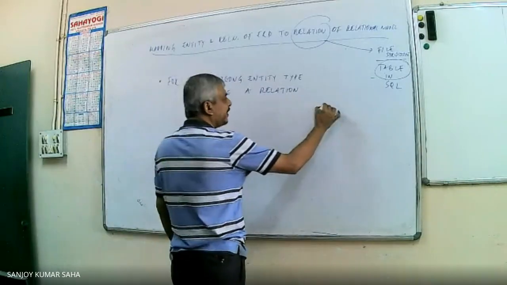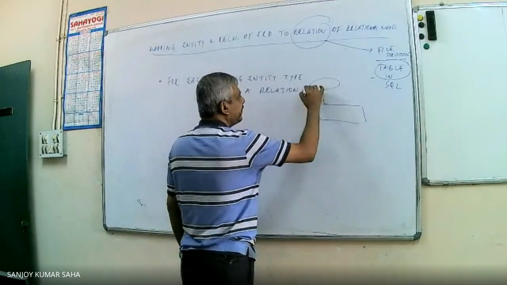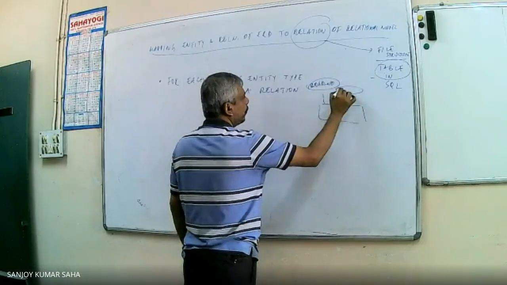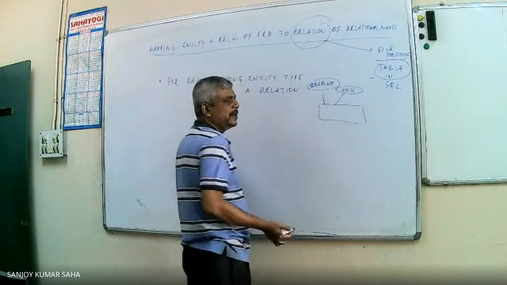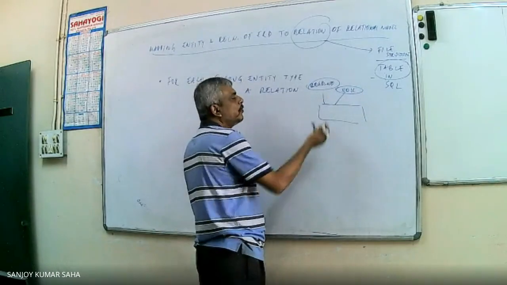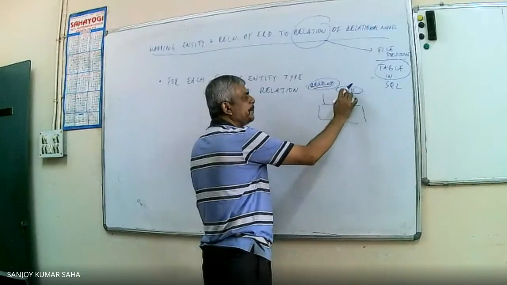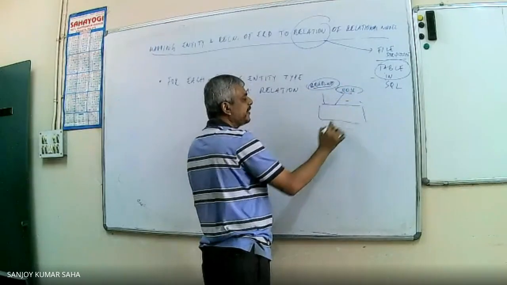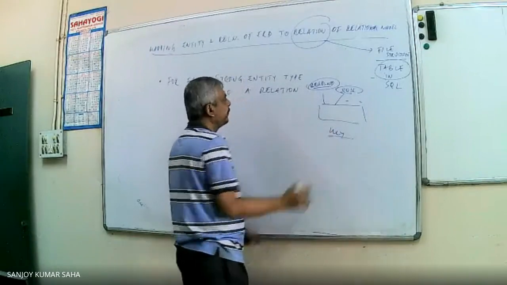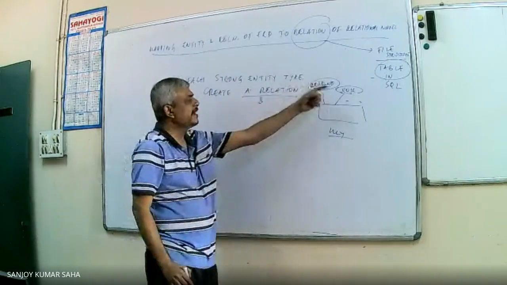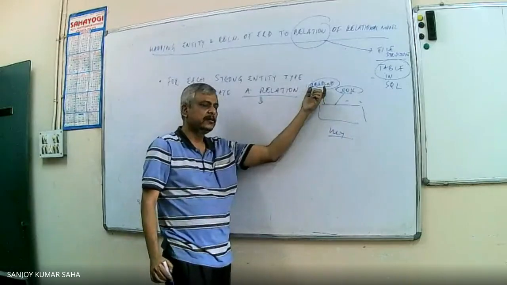In our ER diagram, say registration number, roll, depending on the requirement, we may consider this is my primary key or this is my primary key. It depends. So basically, some key is identified. So we create a relation considering these attributes and the primary key.